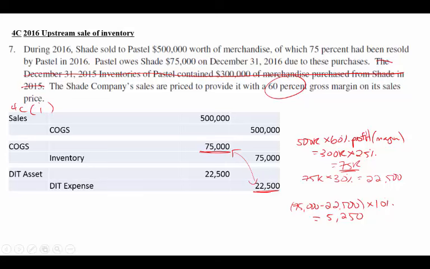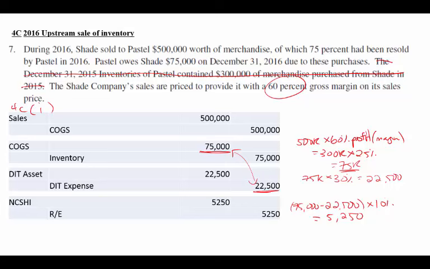Now, if you remember when we allocated to NCI, that was in step 3, and that was based on the raw income and retained earnings figures up to the end of 2016. It didn't include any of these adjustments, which is why we now need to come back and adjust NCI a small amount for these additional changes, because the retained earnings figures we used in step 3 included this unrealized profit. So we're going to take $5,250 from the value we've allocated to NCI and put it back into retained earnings.